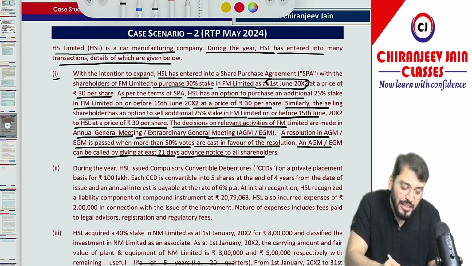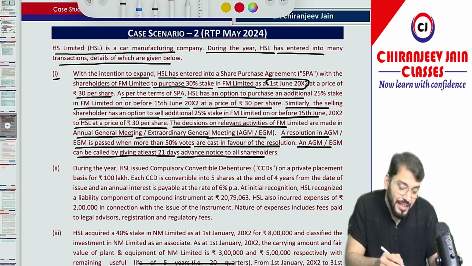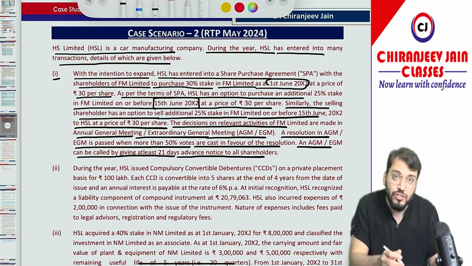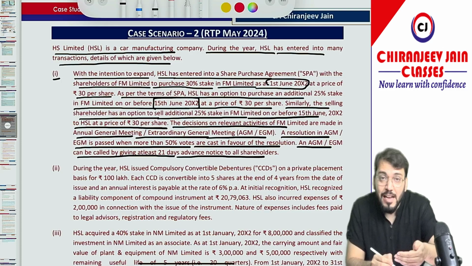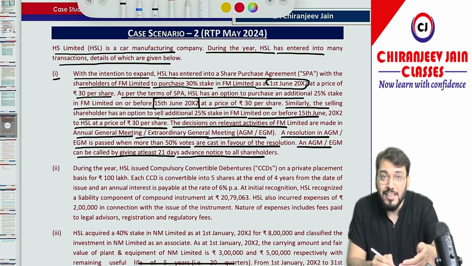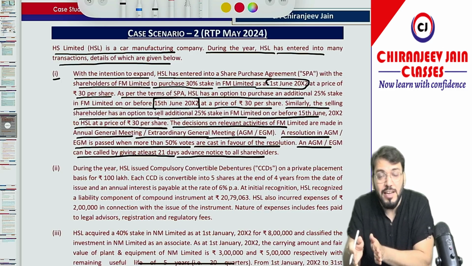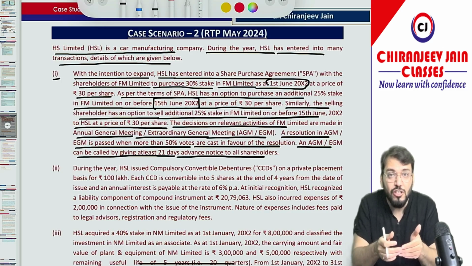So right now it is 1st June 2002. They can exercise the call option on 15 June 2002, which is before the 21 days when the meeting will be held. So right now the call option, which is a potential voting right, is currently exercisable. Therefore, it becomes a substantive potential voting right, which should be considered for determination of control.